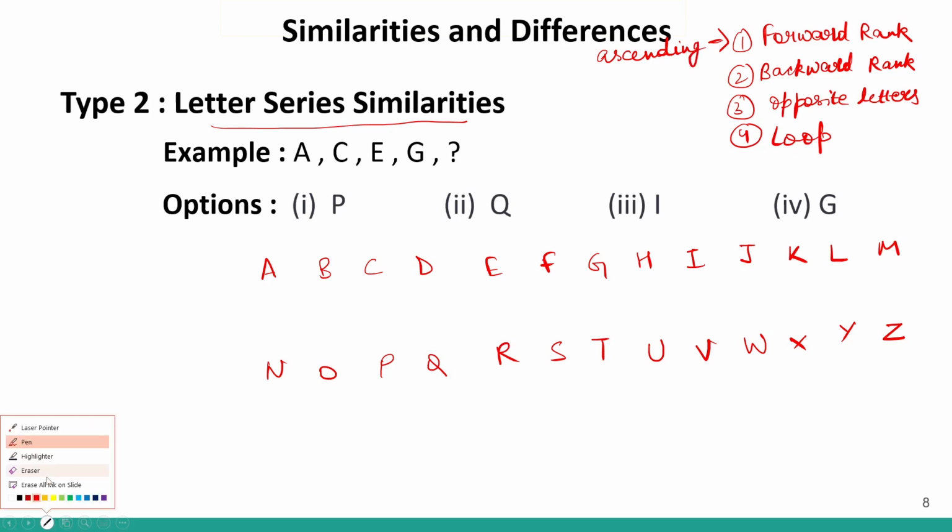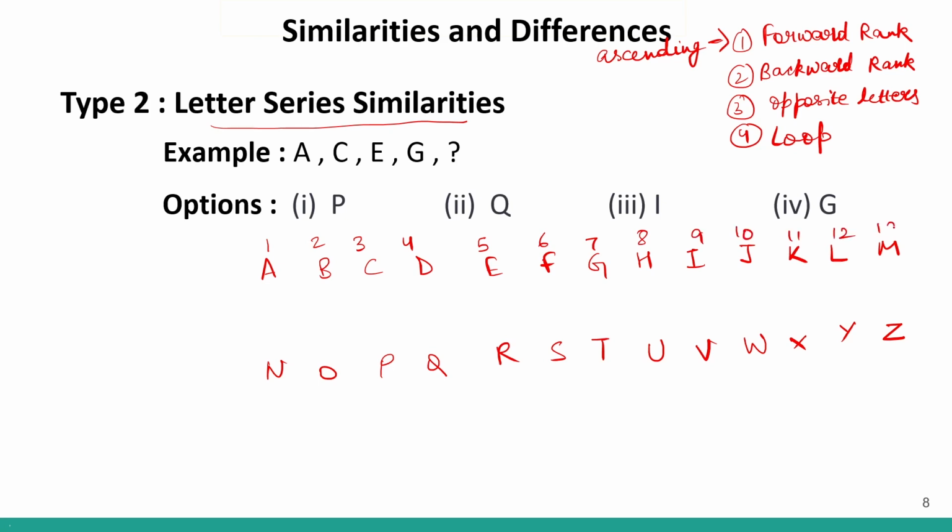So if I give them numbers like this, 1, 2, 3, 4, 5, 6, 7, 8, 9, 10, 11, 12, 13, 14, 15, 16, 17, 18, 19, 20, 21, 22, 23, 24, 25, and 26. So if I give them ascending order numbers, this is called forward rank.